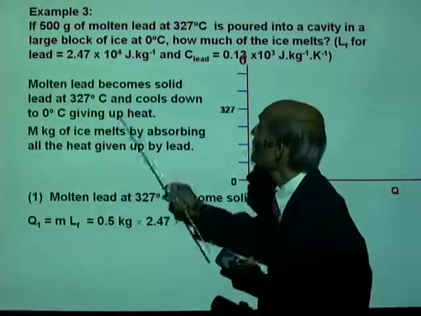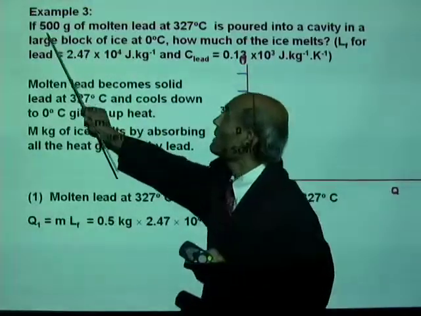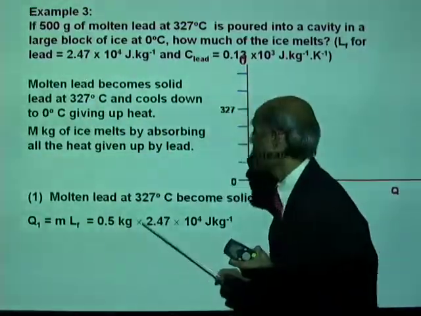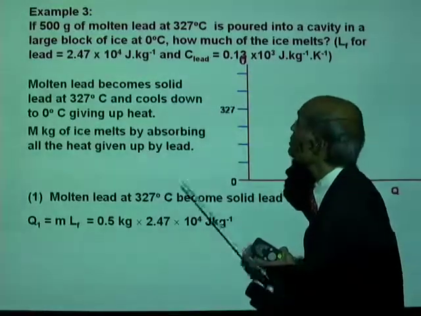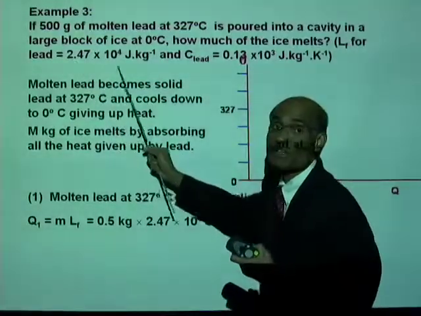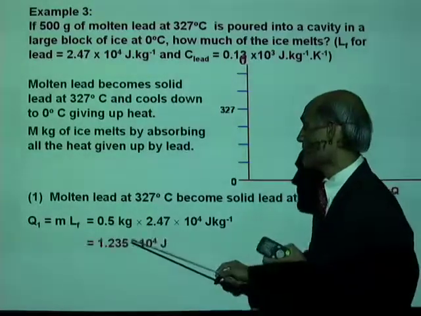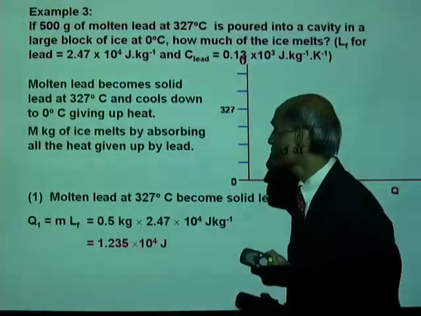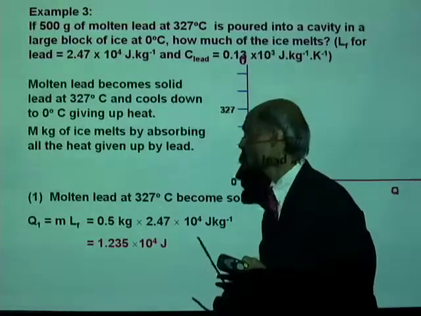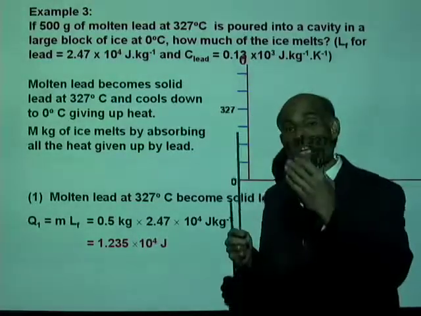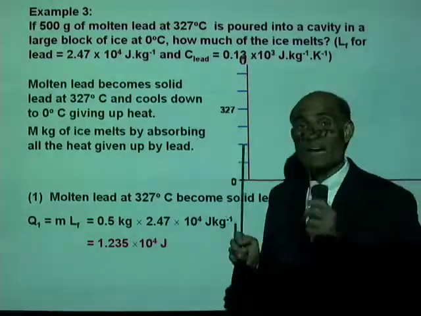That is, mass is 0.5 kilogram, 500 gram, and the latent heat of fusion of lead is given as 2.47 times 10 to the 4, and that will be 1.235 times 10 to the 4 joules given out during that stage.